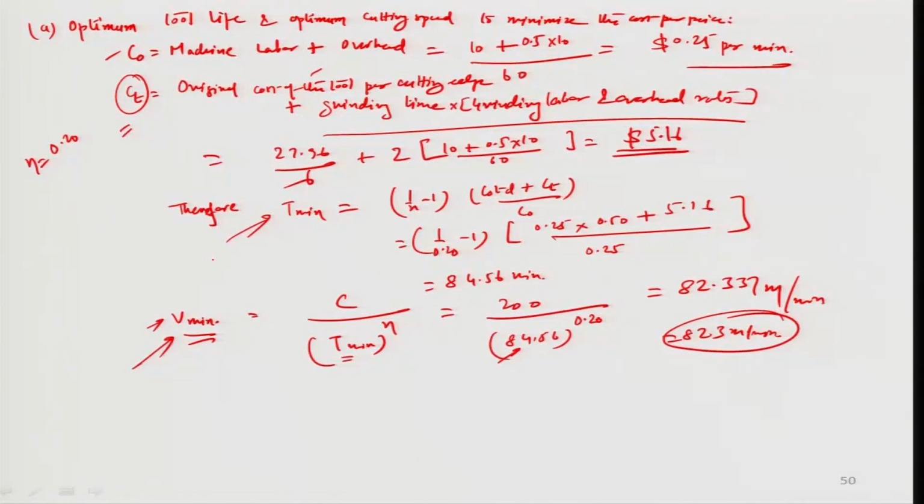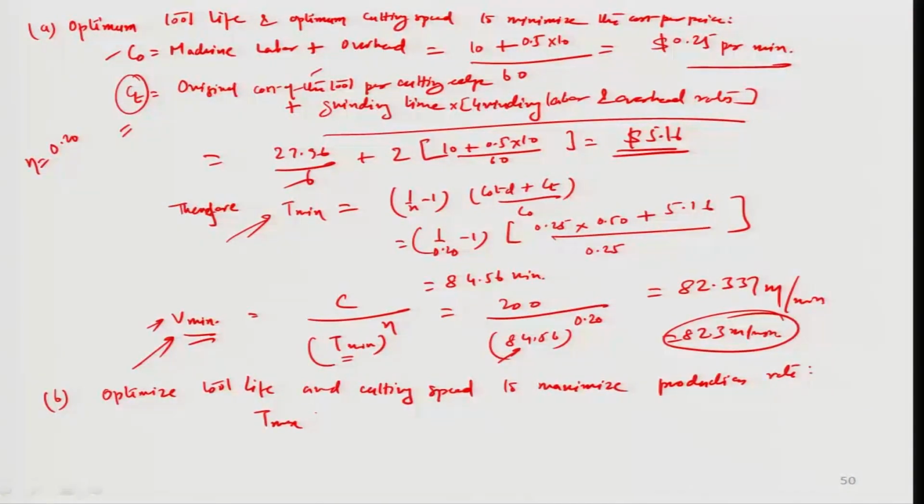So, we also now try to solve the second part of the problem, which is about the maximum production rate model. So, optimize tool life and cutting speed to maximize production rate.